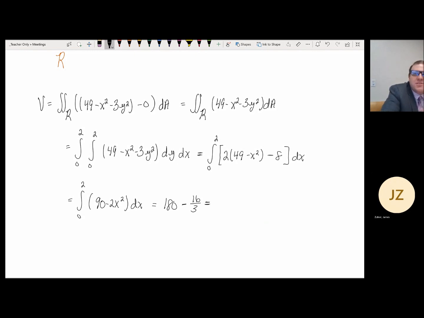That should get me what I want. 540 minus 16. 524, right? Volume of a solid would be 524 over 3 cubic, whatever the units happen to be.